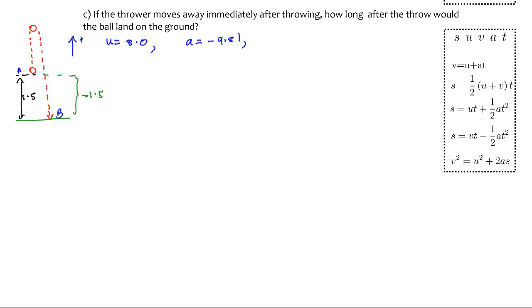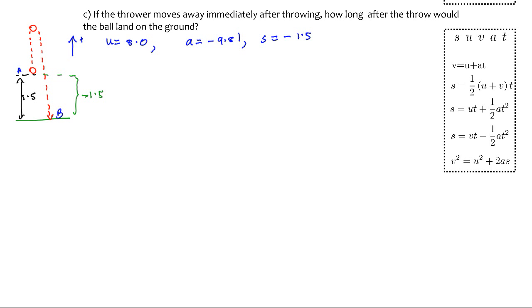If it ended up somewhere above, then it's a positive displacement. If it ends up below where it started, because upwards is positive, this is a negative displacement. So here the displacement is minus 1.5.